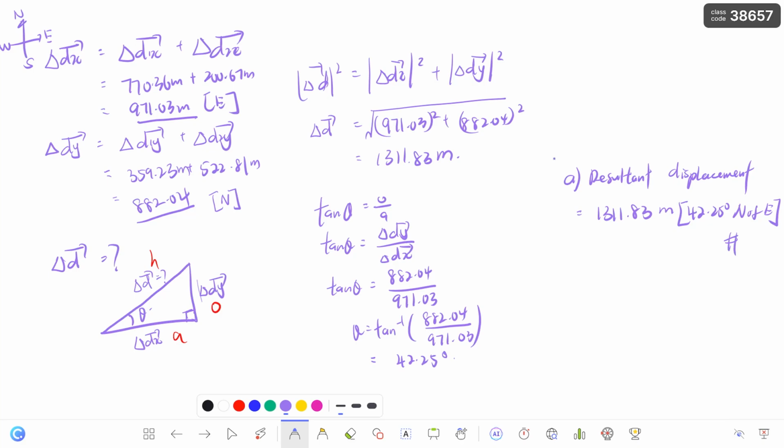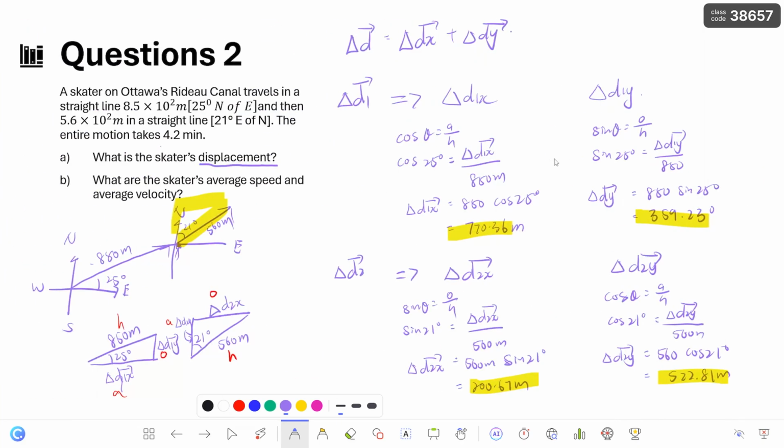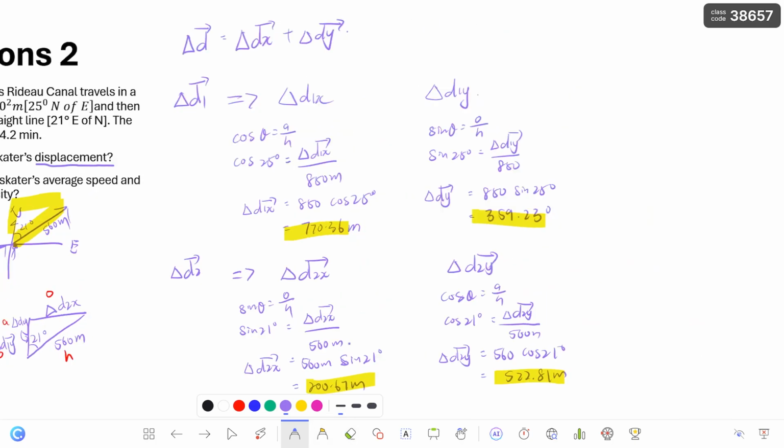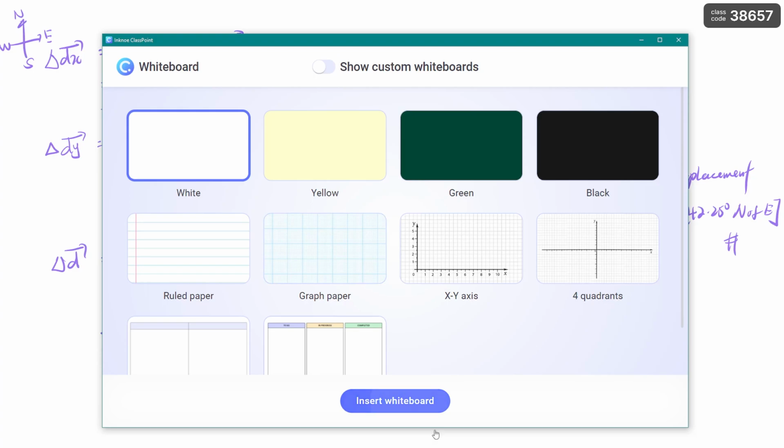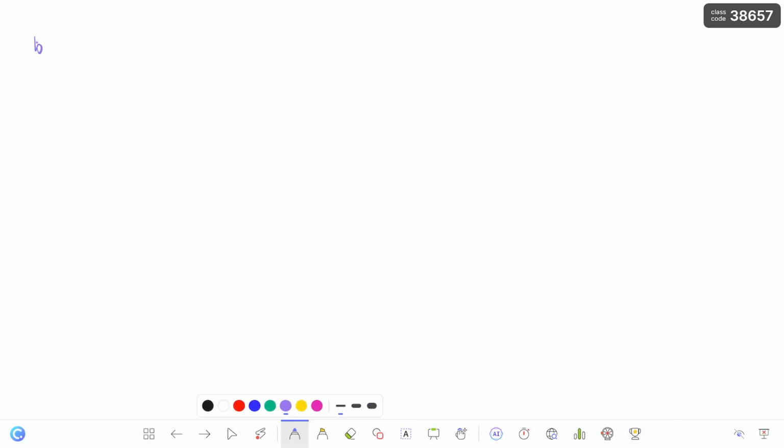Then we go back to the second question. What are the skater's average speed and average velocity? When you try to find the average speed first, you need to find the total distance traveled.